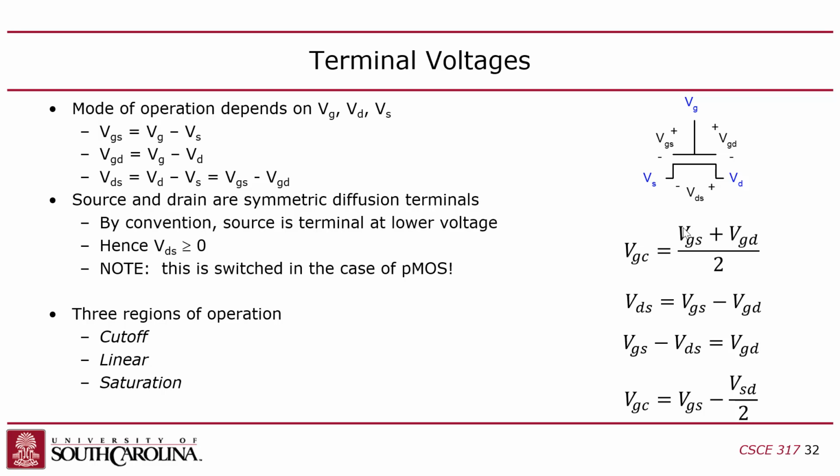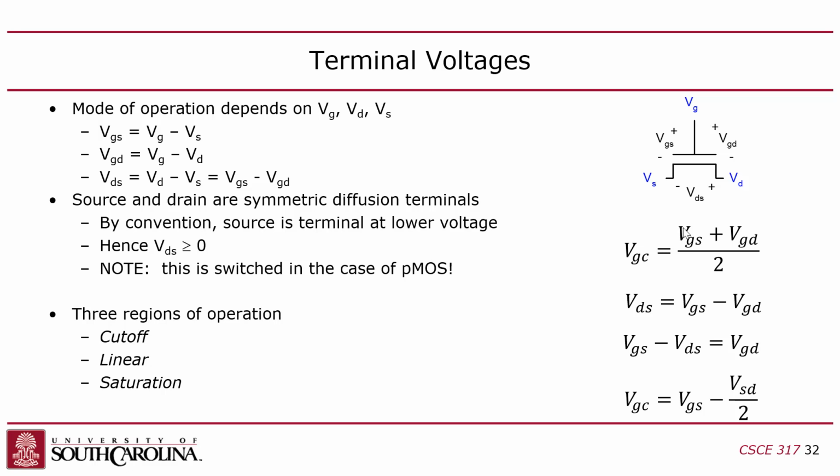So what happens here is that when you put a 0 into this gate, the gate-source is going to end up being negative. We're not really putting 0 here, we're putting a negative gate-source voltage on.